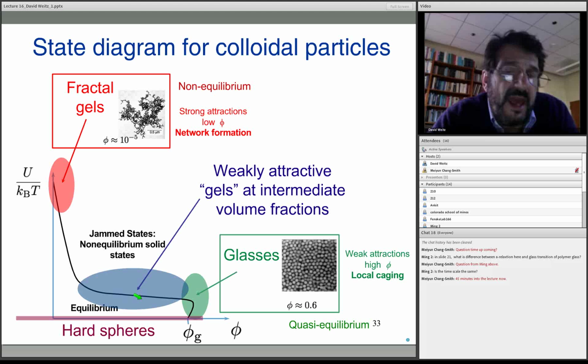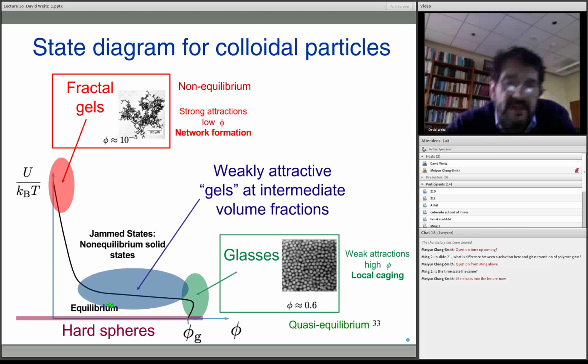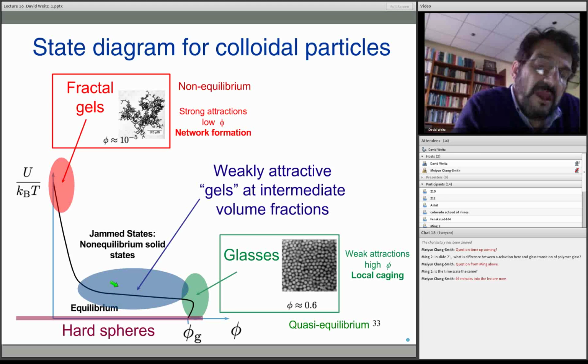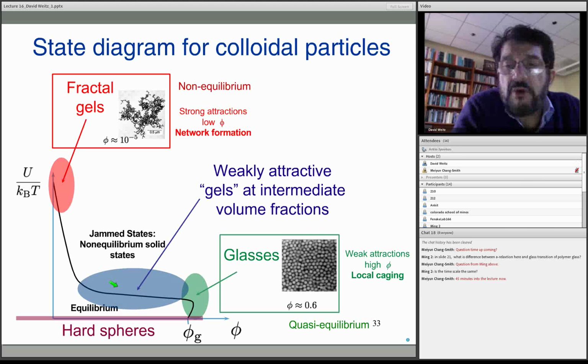In order to get from a state that's purely equilibrium to something that's essentially jammed into a solid state, you have to increase either the interaction energy, make them more attractive, or you have to increase the volume fraction. It's some trade-off between these two things. And we can try to understand that now by looking at the nature of this trade-off and the nature of the behavior of the particles.